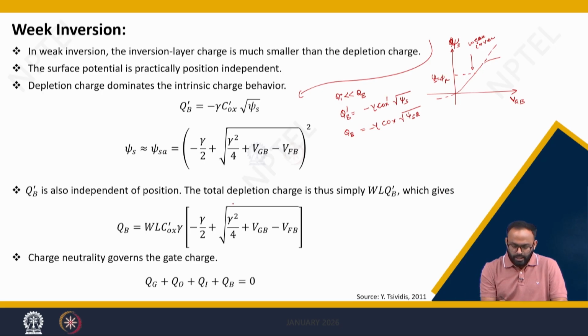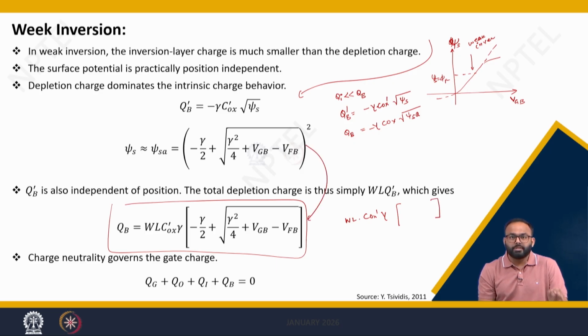Accordingly, we can simply rewrite the equation for QB as W into L into COX dash into gamma times this expression, which simply says my bulk charge will not change along the position. If you have source here and drain here, the bulk charge will not change. That is what we have discussed in weak inversion. The surface potential at both ends will be almost the same, correct?